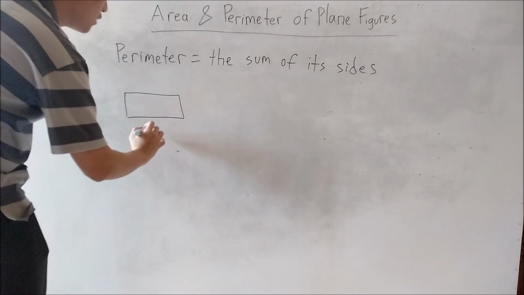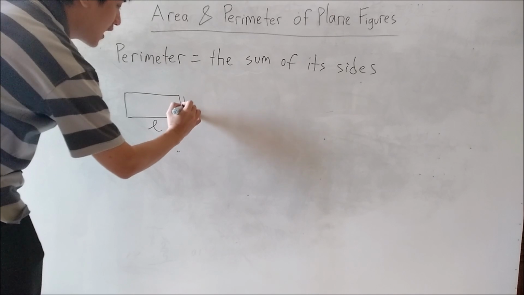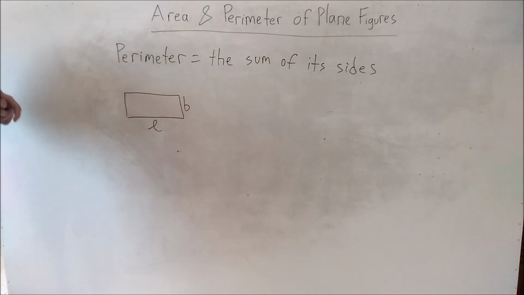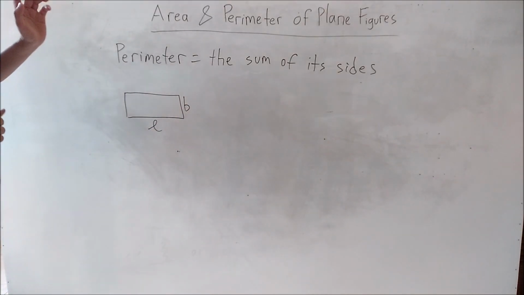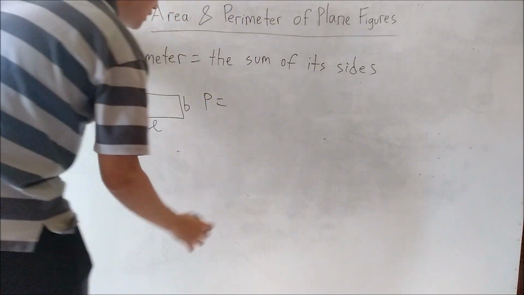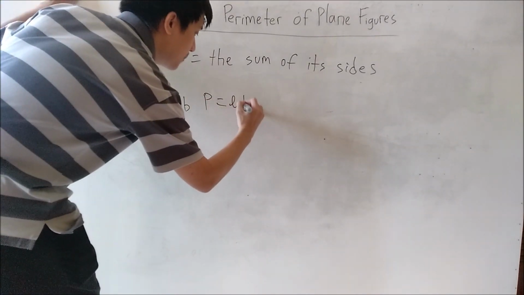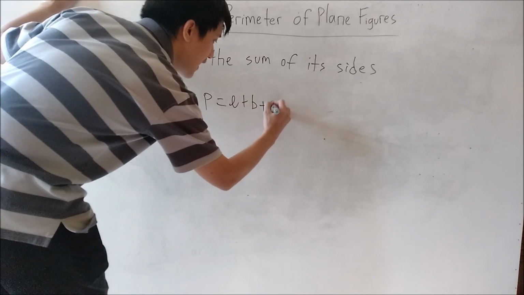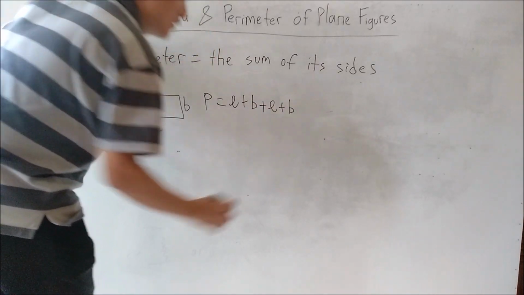We know that in a rectangle we have length and base, right? So we know that the perimeter will be length plus base plus length plus base.